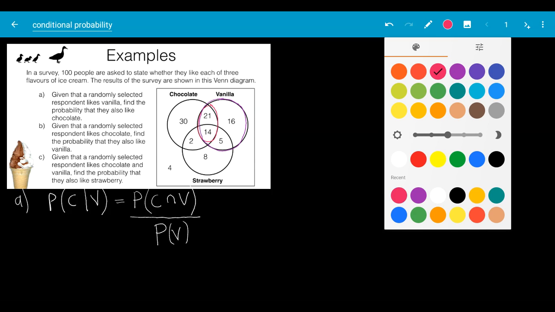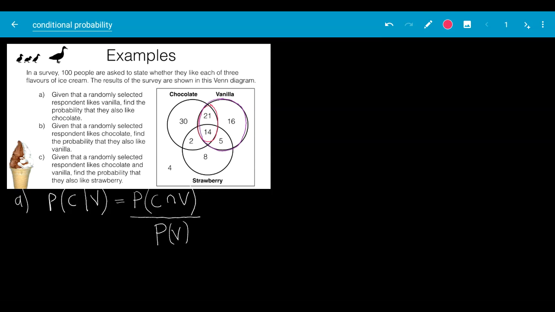So that would be our 21 plus 14 divided by our 21 plus 14 plus 5 plus 16, which would equal 35 over, well, we know that's 35, plus 5 is 40, over 56. And as always, we don't need to simplify that probability.